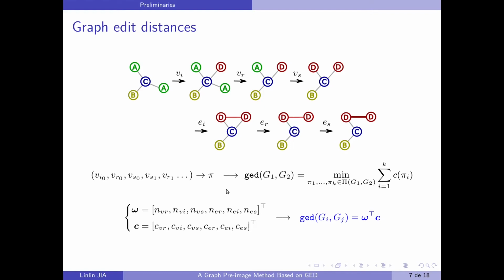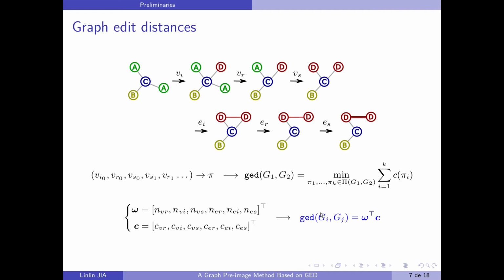Each operation is associated with a cost, which measures the distortion of these operations. And the cost of pi is the sum of the costs of these associated operations. The GED between two graphs is then equal to the minimum cost over all pi's.